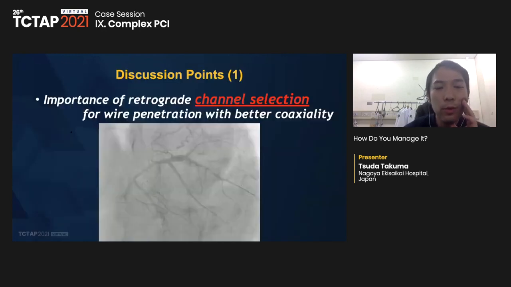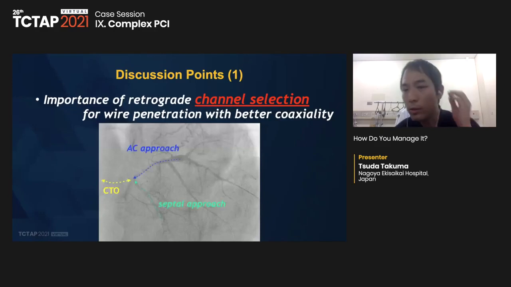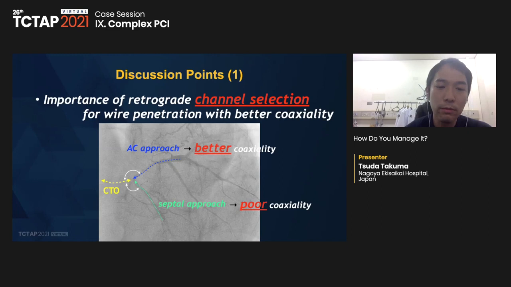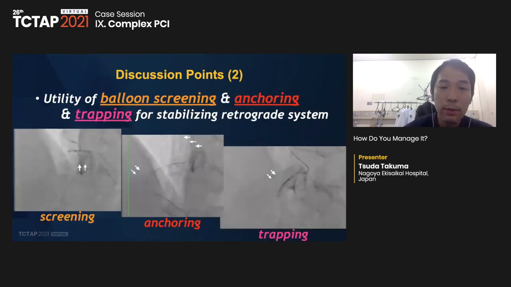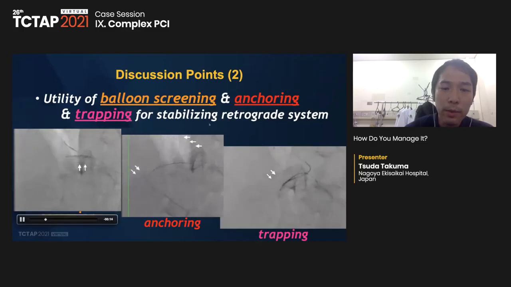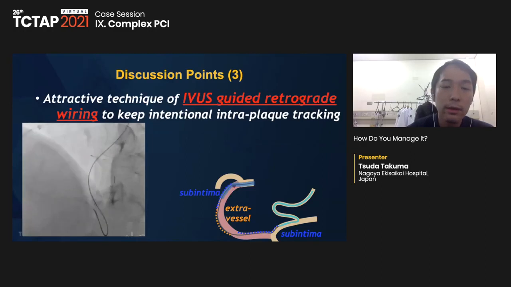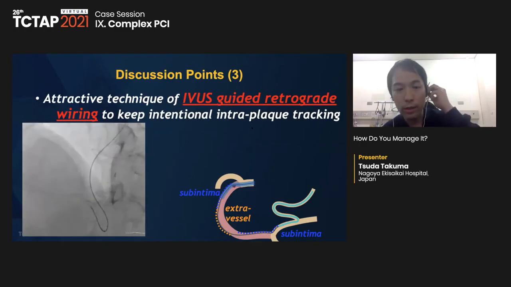Discussion point 1 is the importance of retrograde channel selection for retrograde wiring. Coaxiality is very important for penetration. Next is the utility of balloon anchoring, trapping or stabilizing the retrograde system, like this. And third is IVUS-guided retrograde wiring.